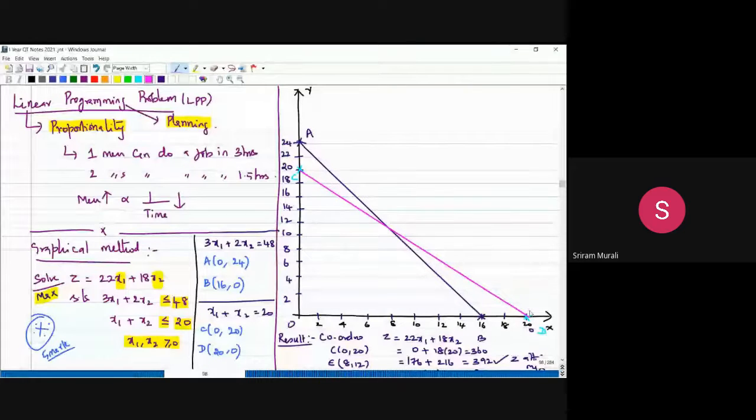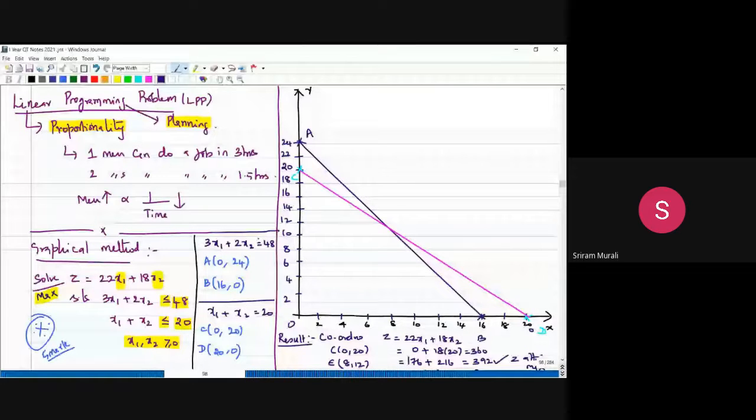So first we have taken this one. Have you understood the lines we have drawn? Yes, sir. 0, 24, 16, 0, 0, 20, 20, 0.